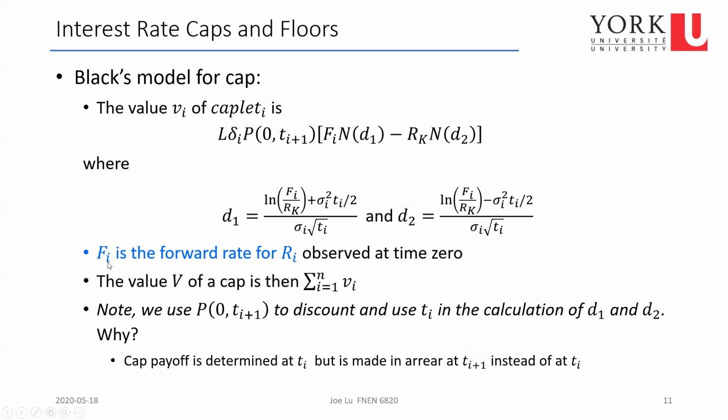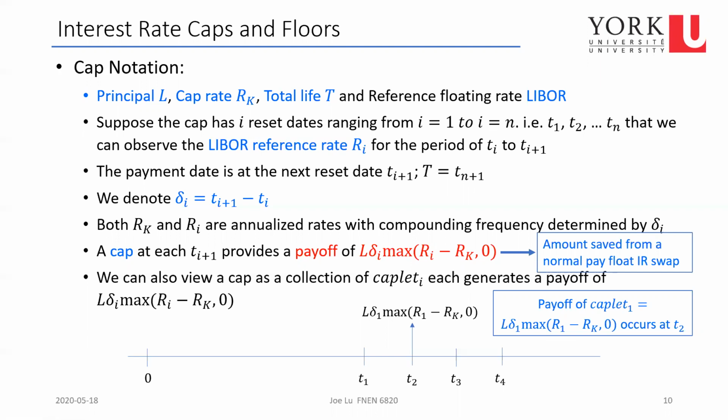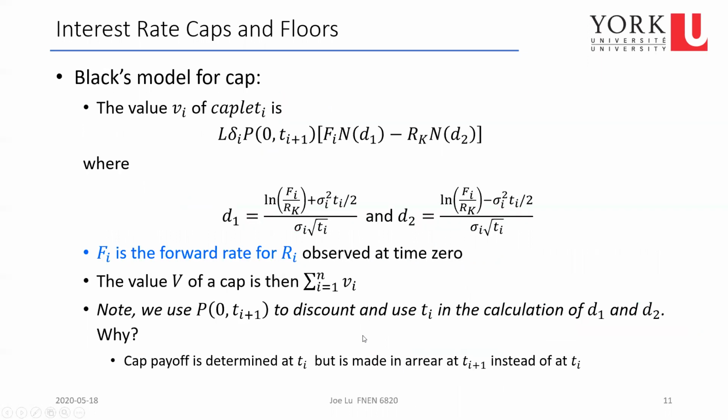Now, we can observe a forward rate for each of the realized floating rates. Those RIs are only realized at their reset dates, but in the market, at the current time T0, there may exist forward rates for each of those realized floating rates.